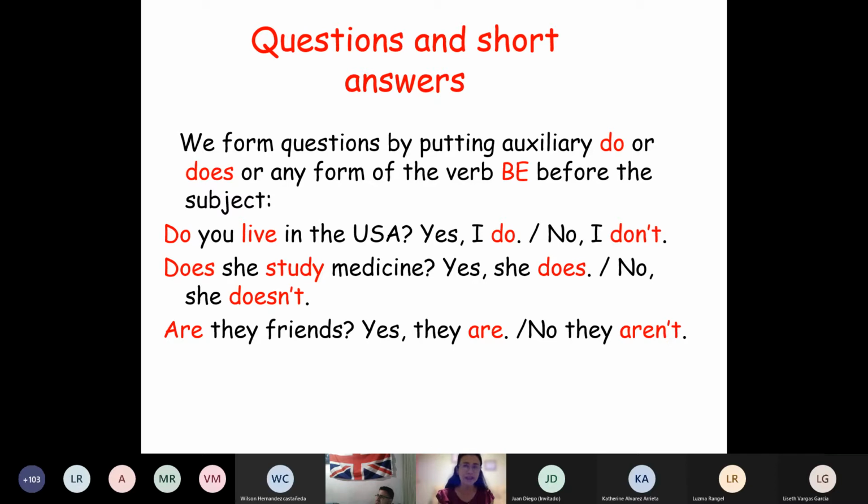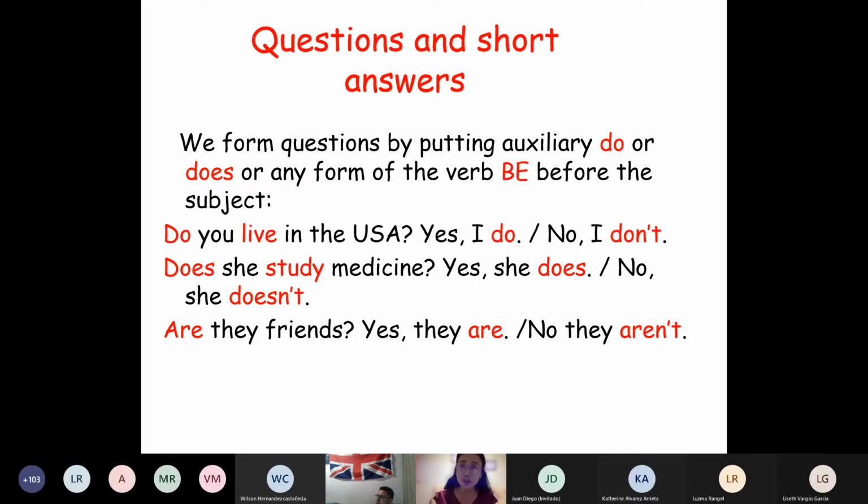Are they in Bogota? Okay? So here you have how to ask questions and give short answers using do or does, which are used for verbs different from the verb to be, and the questions with are they for the verb to be.